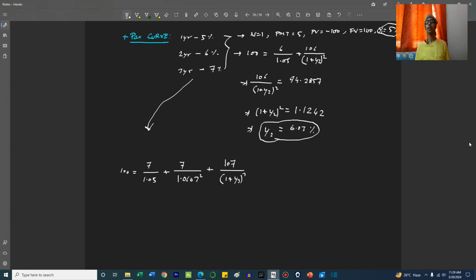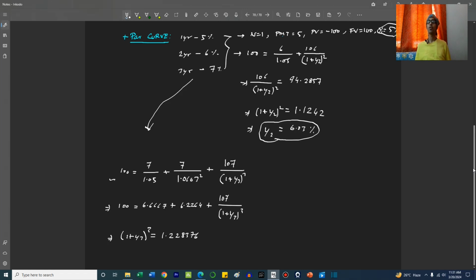So from this we can easily deduce what is y3, by calculating individual values. Now we do a cube root of this 1.228376. This comes to be 1.07097. Y3 comes to be 7.097%.